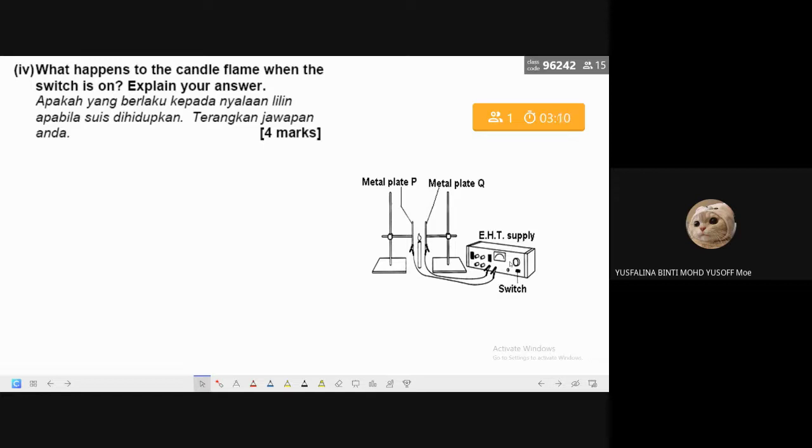I give you 5 minutes to answer this one, then we see what mark you can get from your explanation.